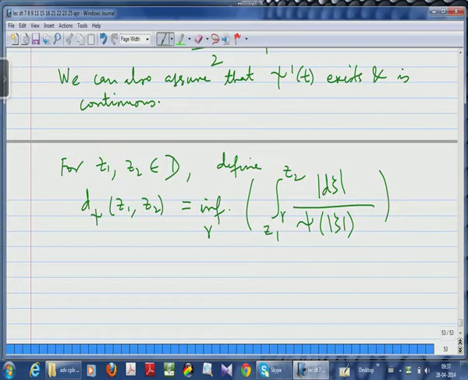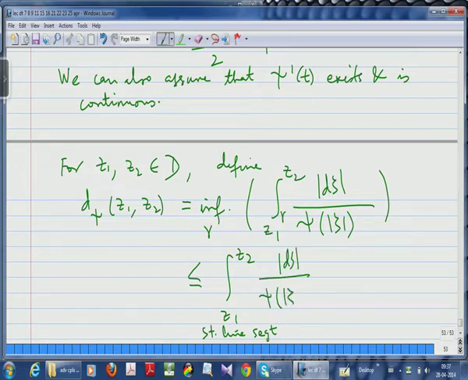In particular, an infimum of a set of quantities is always less than or equal to each of those quantities. So if for gamma I had taken the straight line segment from Z1 to Z2, this is also less than or equal to the integral along that segment of mod d zeta by psi of mod zeta.